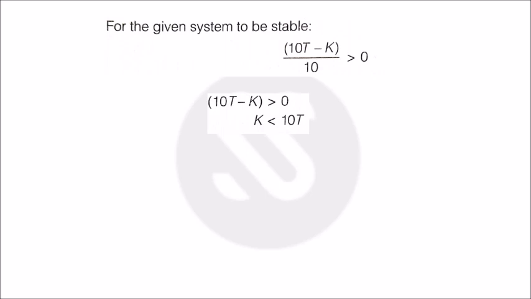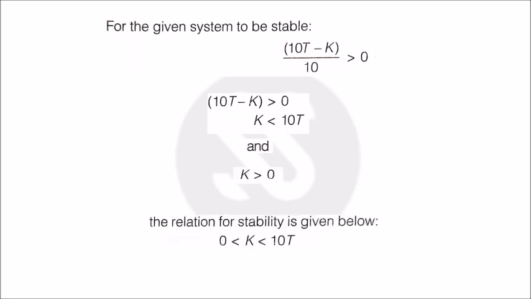That means if t is 1, 10t becomes 10, and k should be less than 10, not equal to 10 or more than 10. So the first condition is k less than 10t, and also in the last row we can say that k is greater than 0. So ultimately the relation for stability of this equation will be 0 less than k less than 10t. So this is the relation between k and t. Fine. Okay.